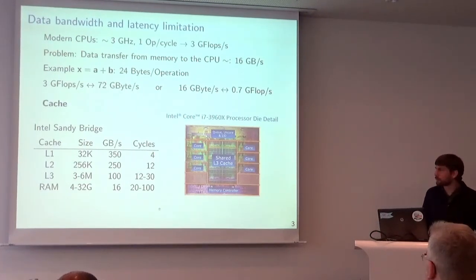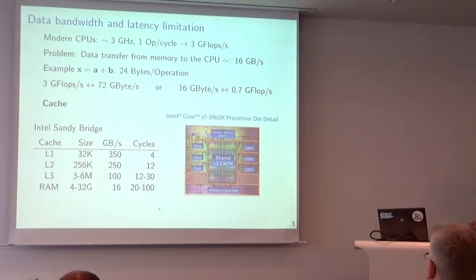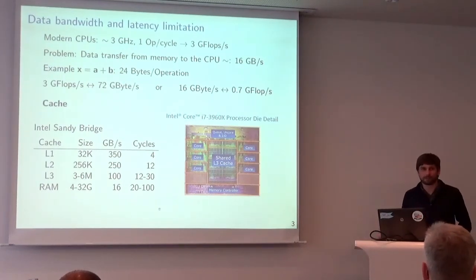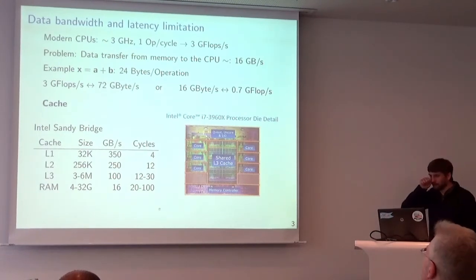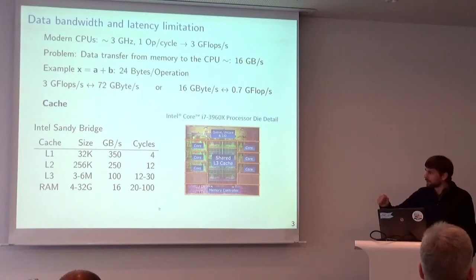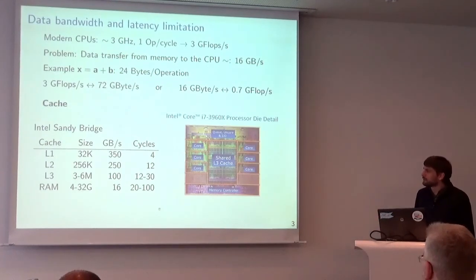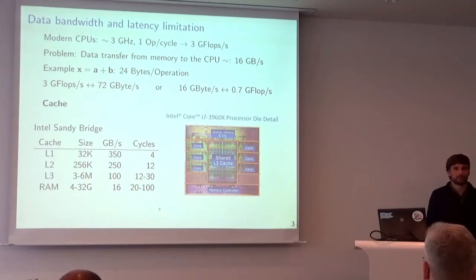But if you have to go to main memory, it breaks down completely. So whenever you have to go to main memory, things get horribly slow. And I'm not even talking about if you have to put stuff on the hard disk, then you're just lost. Okay, so this is the problem, and the solution are the caches, but now we have to make use of the caches in the most efficient way.